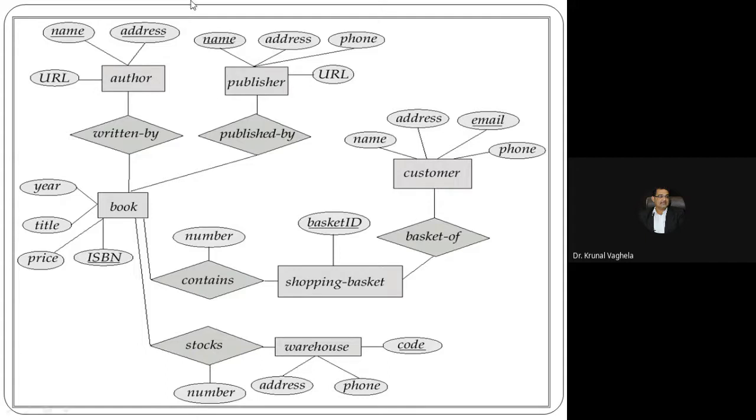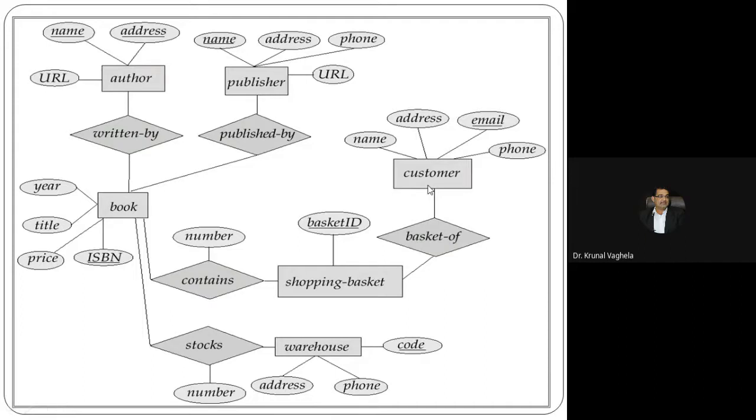Now they are related: book is written by author, and book is published by publisher. Warehouse means stock, shopping basket is the basket of the customer. So bookshop is having publisher, author, book, stocks and customer.